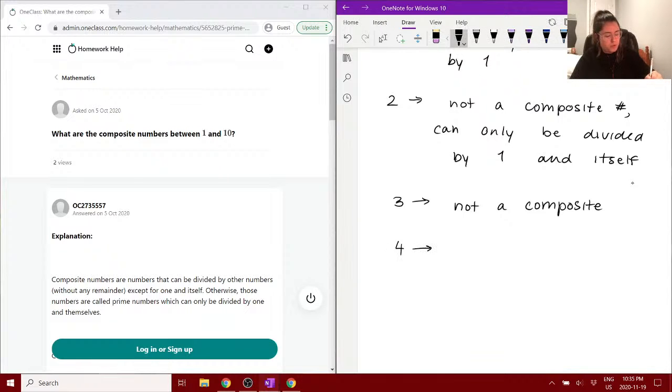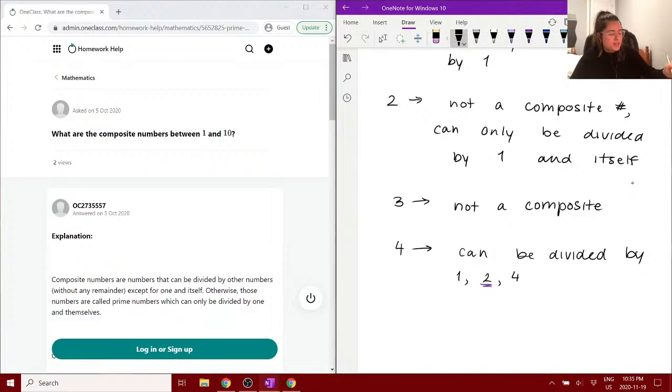Let's look at 4. Now 4 can be divided by other numbers, so it can be divided by, well, not just 1, but also 2 and 4. 2 is the one other than 1 and itself. 4 is itself. 1 is 1, obviously.